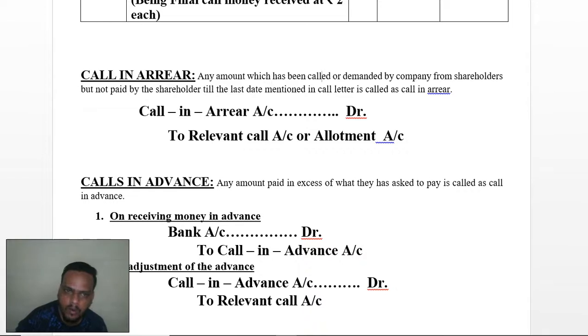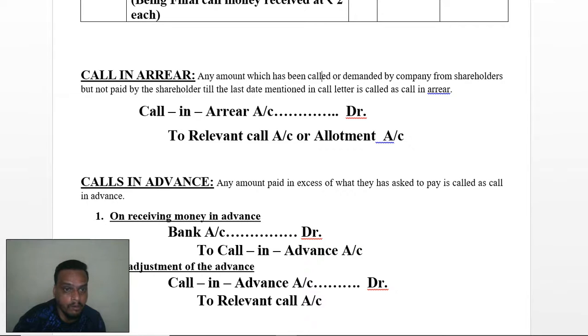They are known as defaulters. Then their entry has to be mentioned like this: call in arrears account debit to relevant call, means first call, final call, second call, or to allotment account. Here it has been very much clear. Wherever the call in arrears occurs, you have to mention there itself. This is the concept which has been very much easy for you.